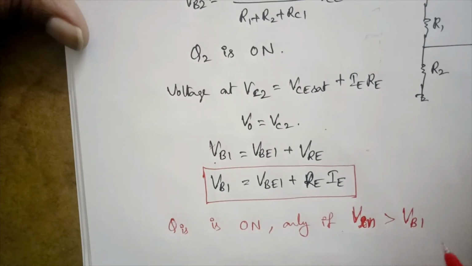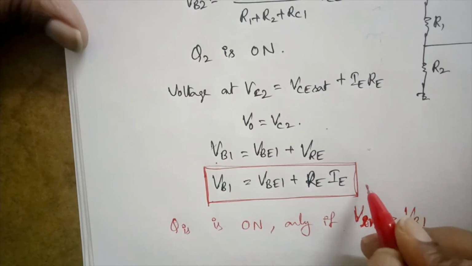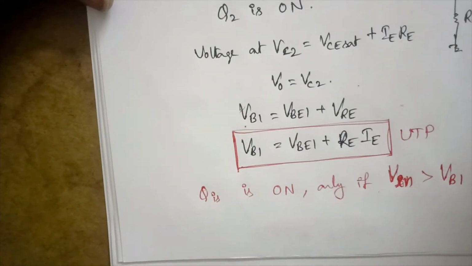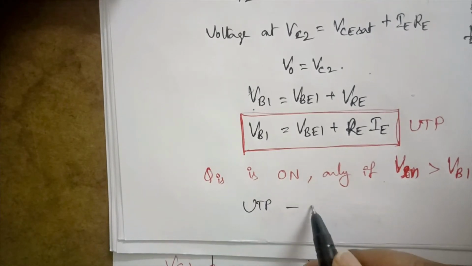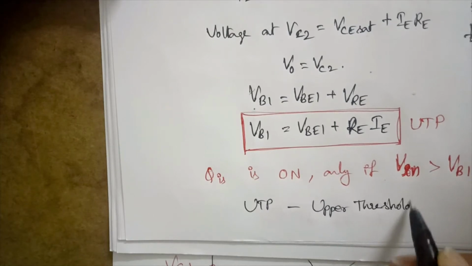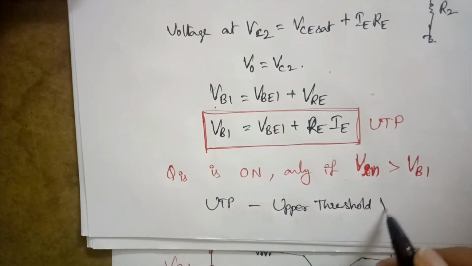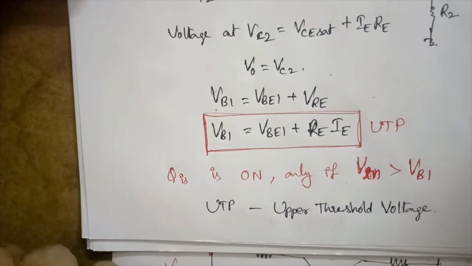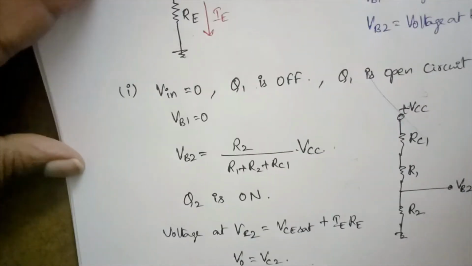I take this as one threshold voltage, and I name it UTP. So UTP is the upper threshold voltage, or upper threshold point, whatever you want to call it.